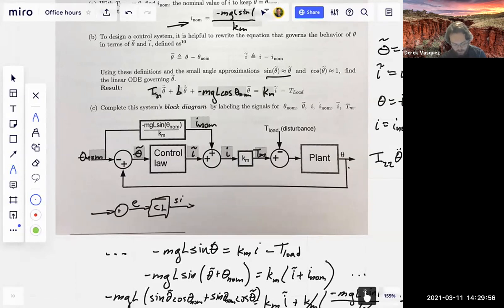I'll say SI, so this is I for input, and then you have your plant. And then coming out here.